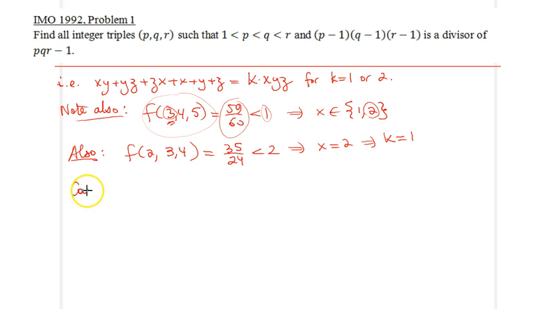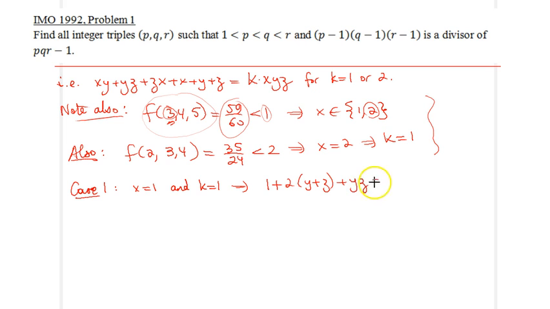So we actually have 3 cases after making this rough work. When x is equal to 1 and k is equal to 1, in that case 1 plus 2 times (y plus z) plus yz is equal to yz, but that's not possible, so we can just rule that case out. That's not going to work.